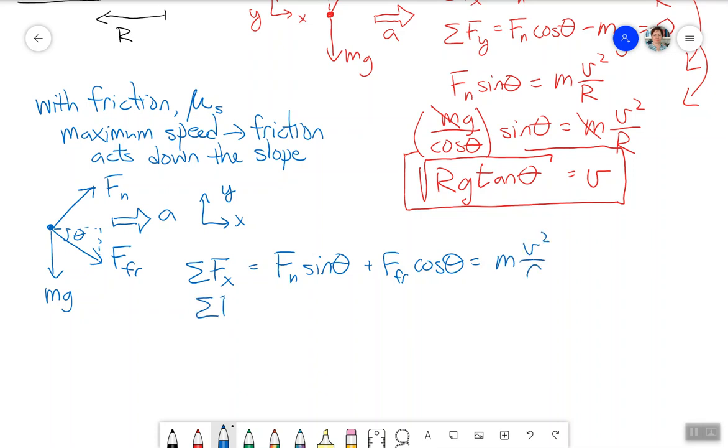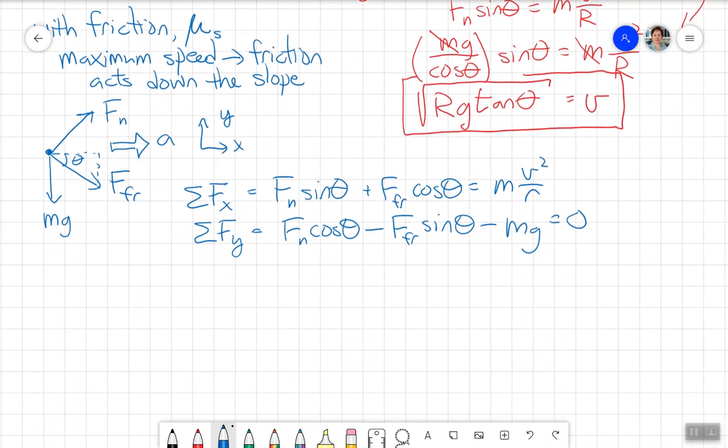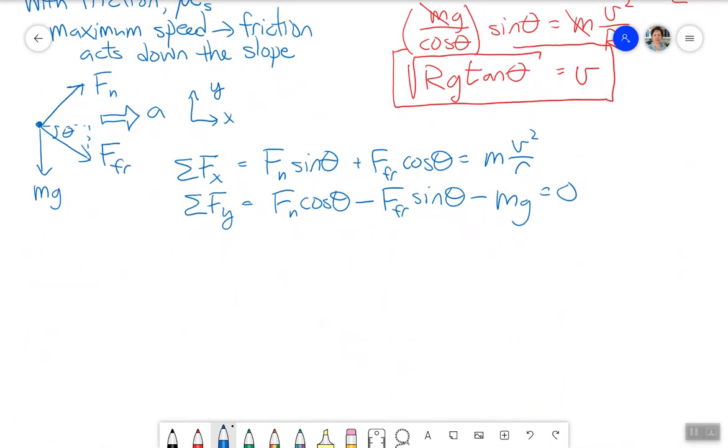And the sum of the forces in the y direction is once again Fn cosine theta, now minus the force of friction sine theta, minus mg, which is 0. We're going to do the same thing we did before.